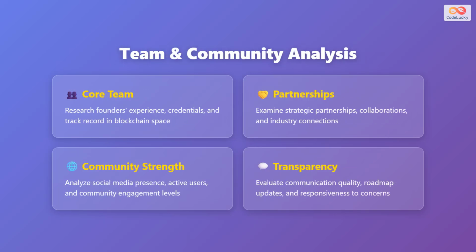The people behind a cryptocurrency project matter tremendously. Research the core team by looking at the founder's experience, credentials, and track record in the blockchain space. Strong teams with proven expertise are more likely to deliver on their promises. Examine strategic partnerships and collaborations with established companies or institutions, as these indicate credibility and industry connections.